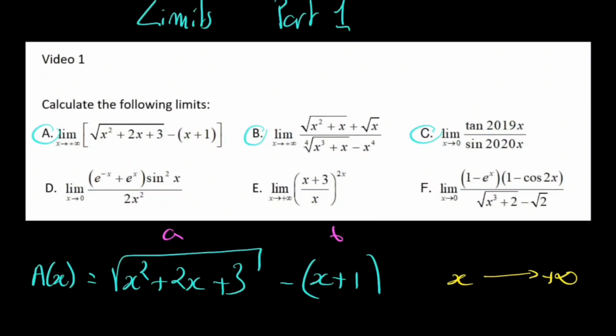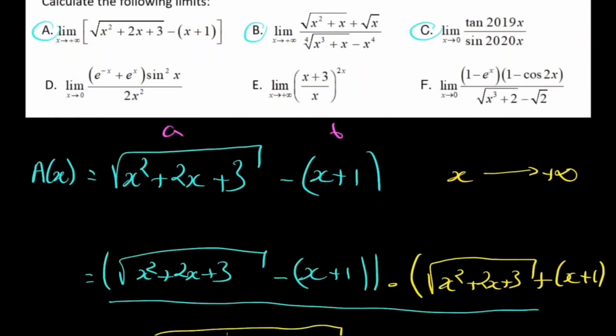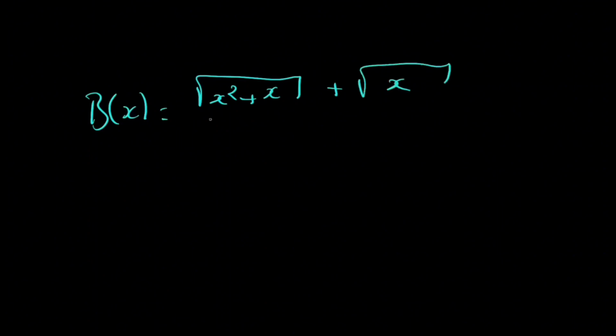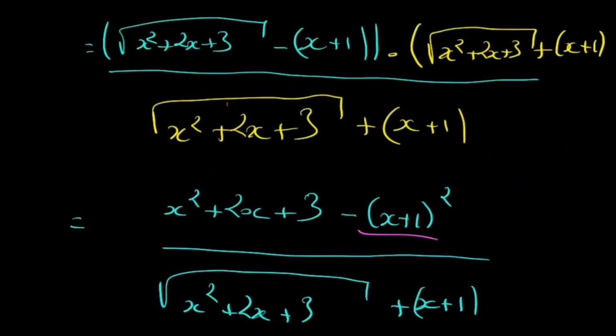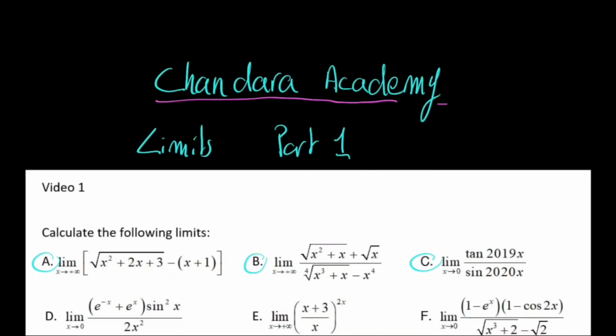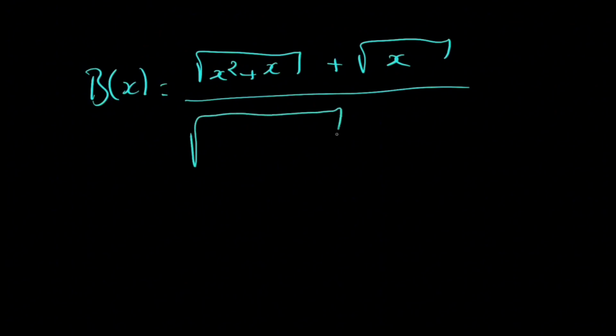Second one, we will have B of x is equal to the square root of x squared plus x plus square root of x, over the fourth root of x squared plus x minus x to the fourth.